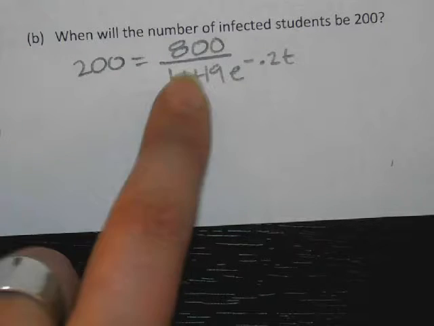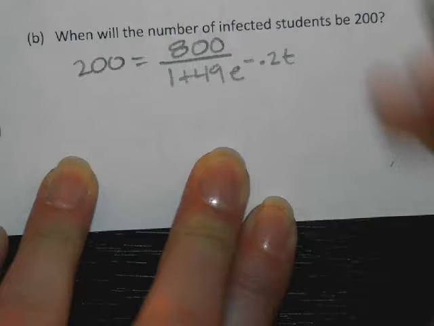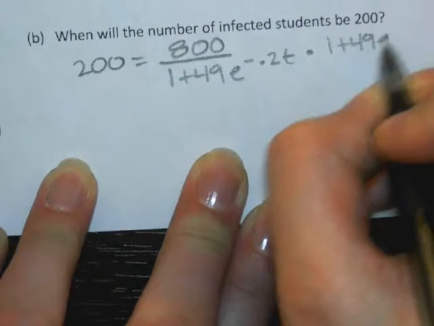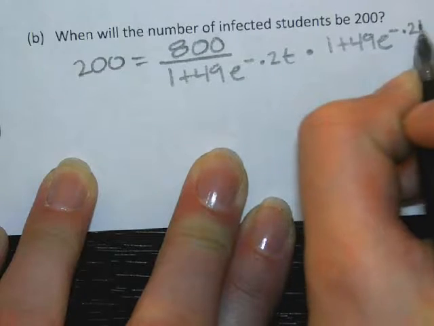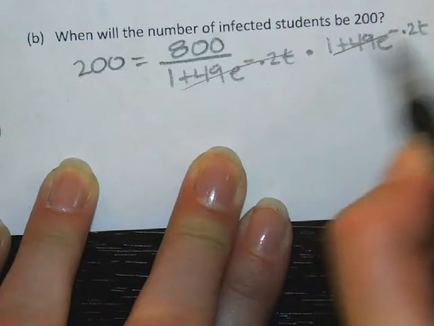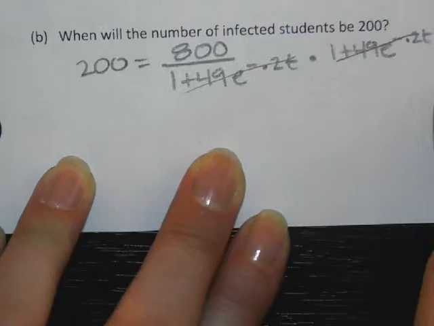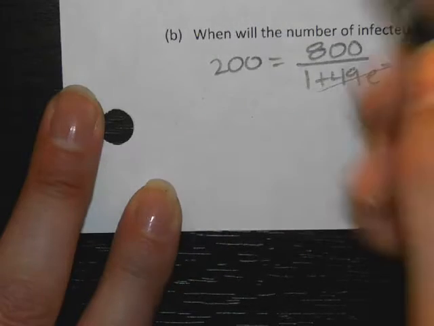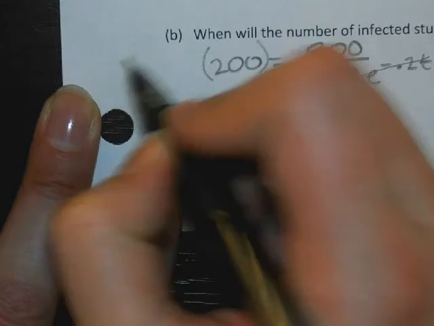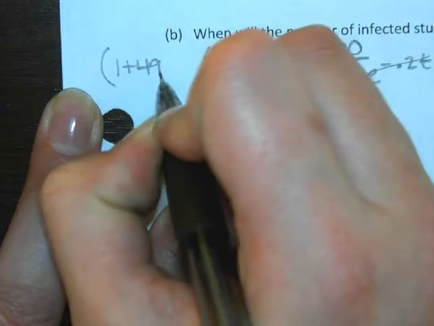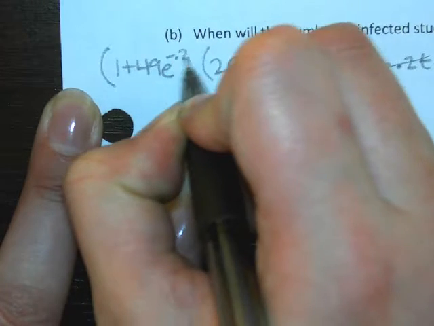Yeah, we need to get this part off the bottom. And I'm going to do that by multiplying by 1 plus 49 e to the negative 0.2t. And when I do that, it cancels. And if I did that on the right side, what should I do on the left side? Same thing. So I'm going to multiply this by 1 plus 49 e to the negative 0.2t.